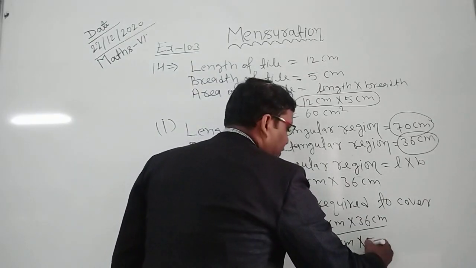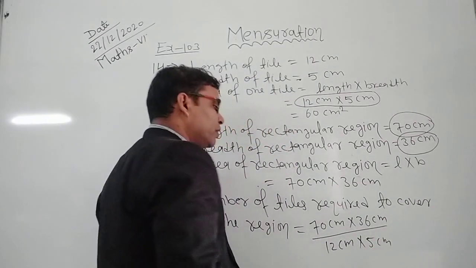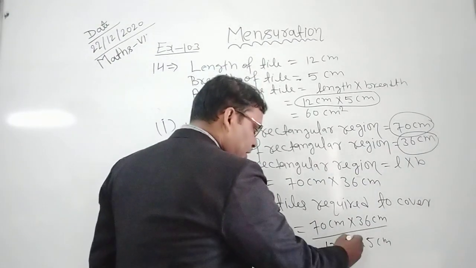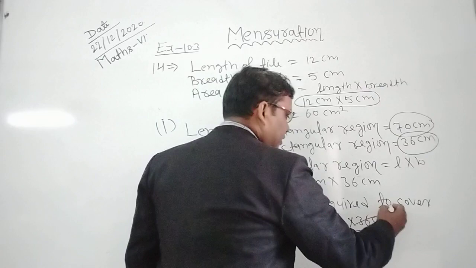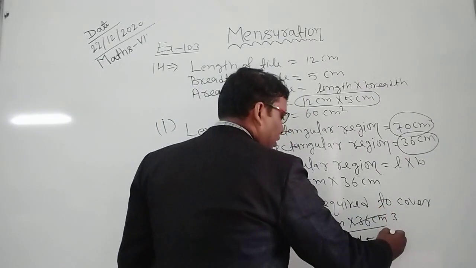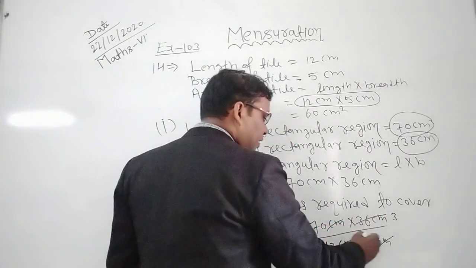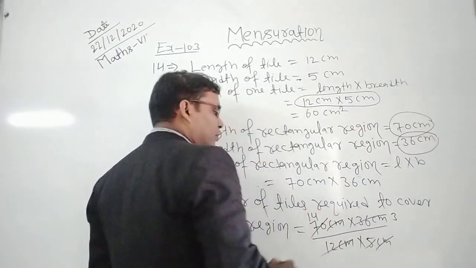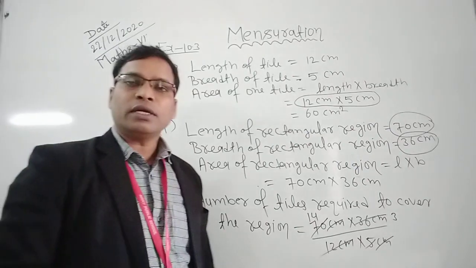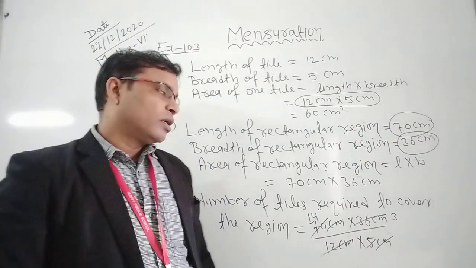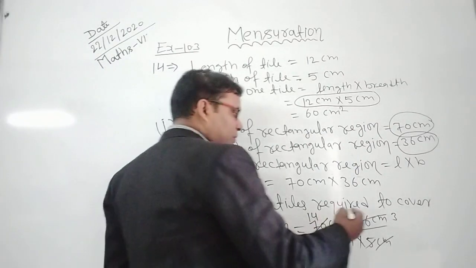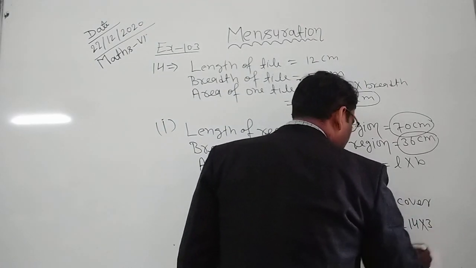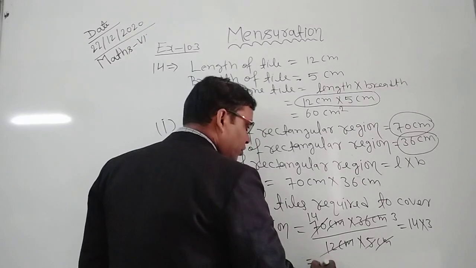Students, you know very well, 12 times 3 is 36. So 12 cancels with 36 in 3 times. Now centimeter cancels here, and 14 times 5 is 70. So we have here 14 into 3. 14 into 3 is equal to 42.